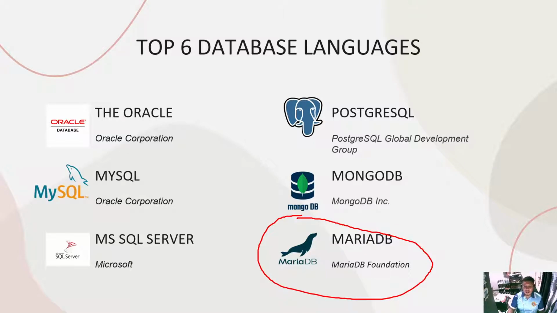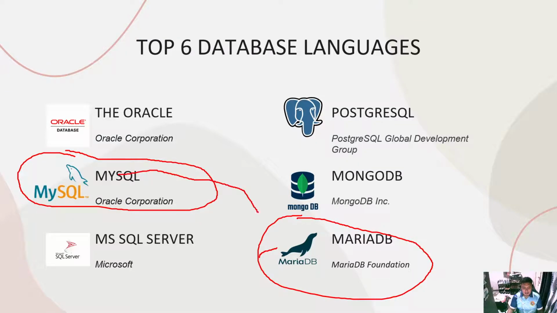Because in our server stack, later on we will discuss why we are using MariaDB instead of MySQL. But still the same, we are using MySQL syntax, but the server is MariaDB. That's mostly related to each other.